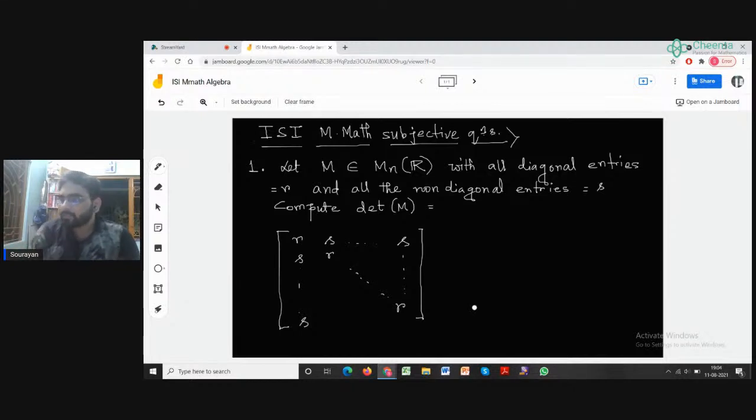So the first thing is that row operations do not change the outcome of the determinant.